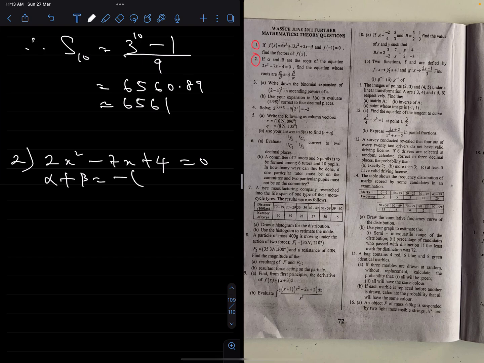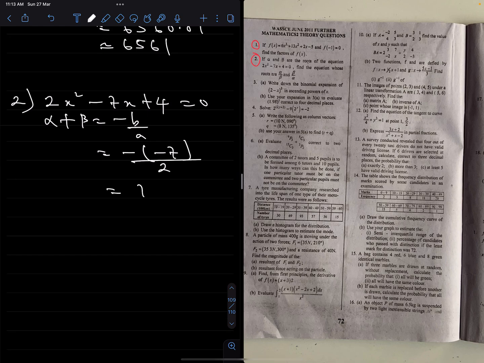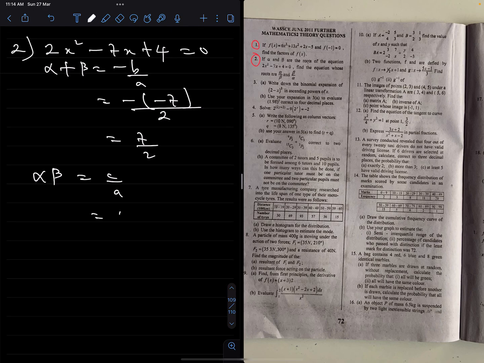Alpha plus beta is minus b over a, which is 7 over 2, since b is already negative. And alpha beta is c over a, that's 4 over 2, which equals 2.